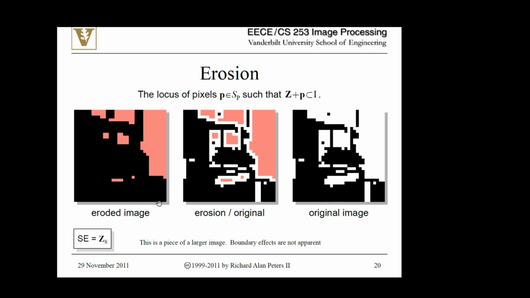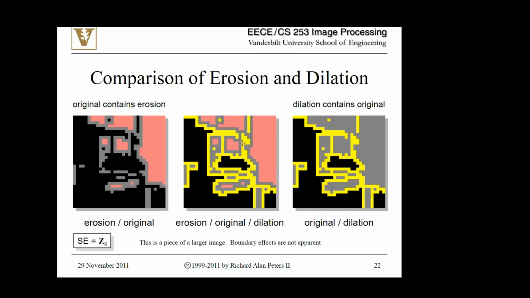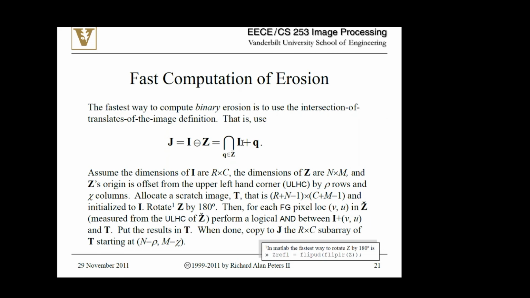That is another way of seeing it. So all these points in the background are now dilated. The erosion, this formula that only moves the image, is also faster. Any questions?